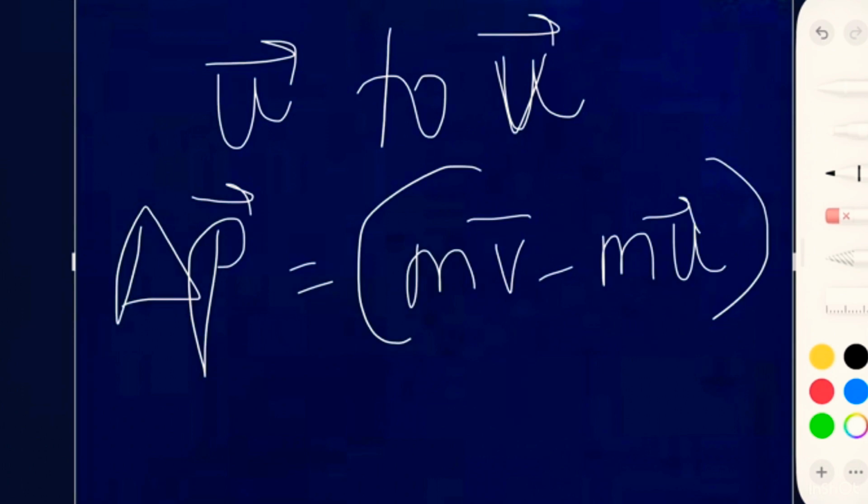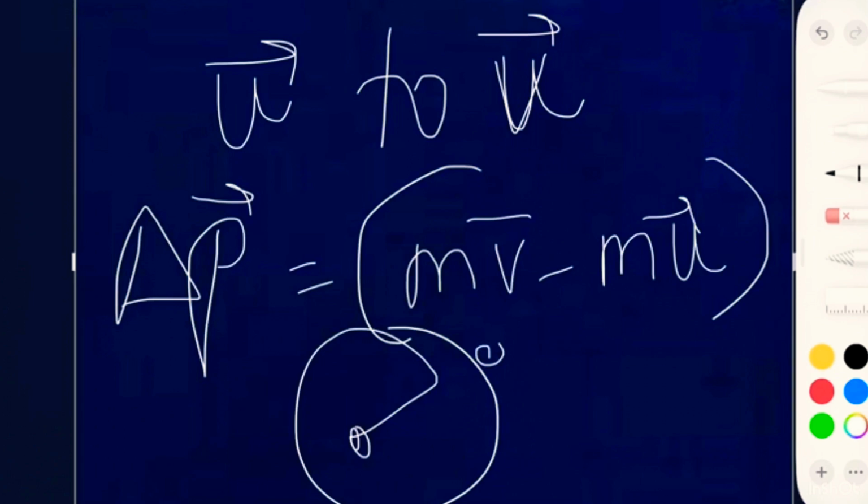For example, if a stone is rotated at a uniform speed horizontally, the magnitude of the momentum is fixed along its direction.